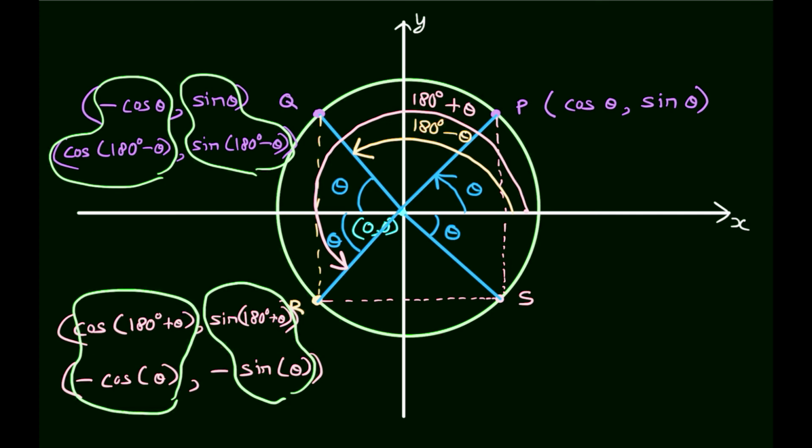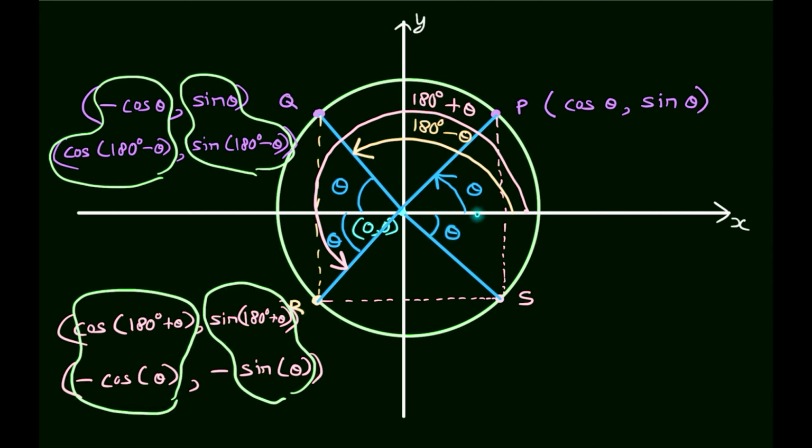Okay, now I have to find the angle of point S from the positive x-axis. Now what I can do is I can find either the anti-clockwise angle of point S, or I can find the clockwise angle of point S. And I already know that this angle is theta.